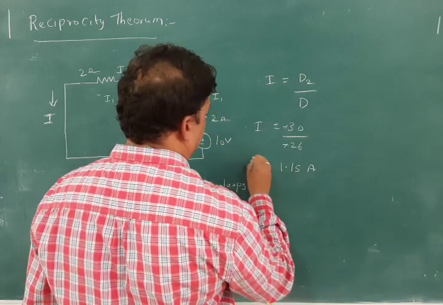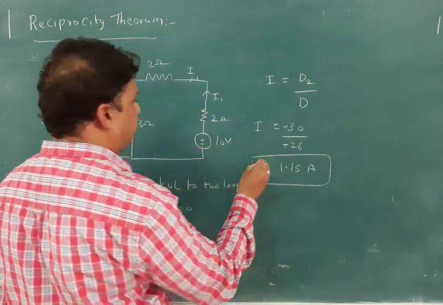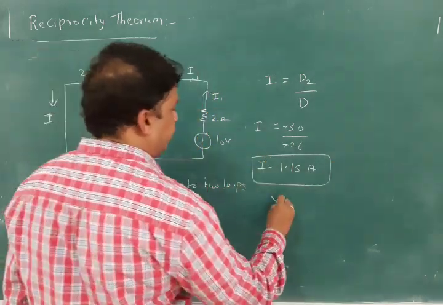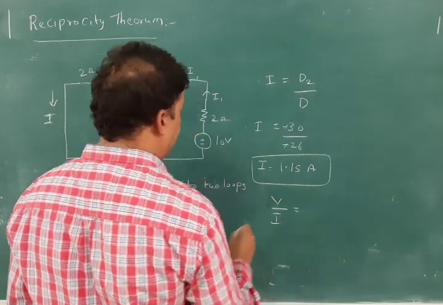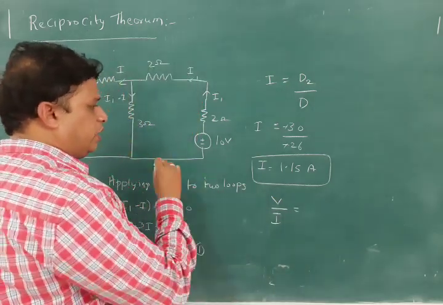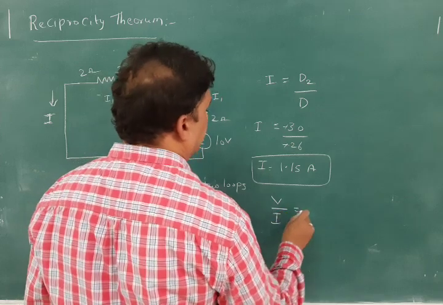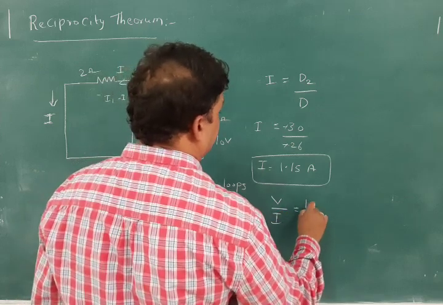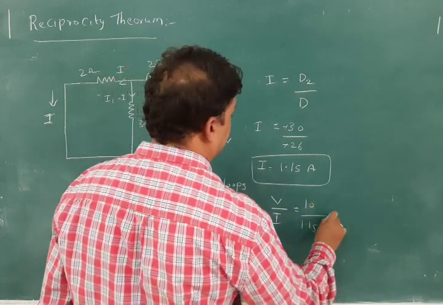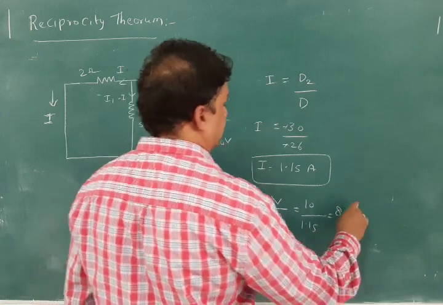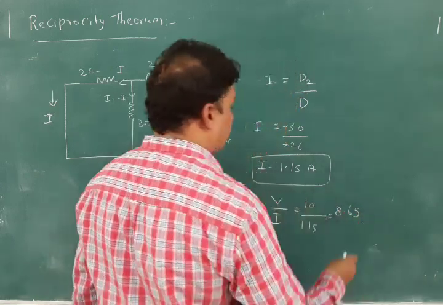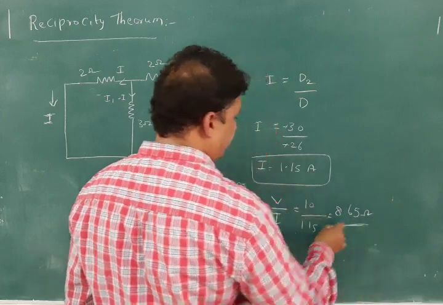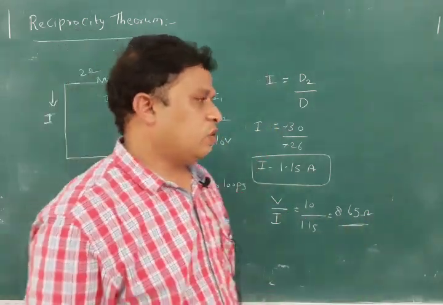If you apply the voltage, what is V by I? V by I is nothing but your voltage 10 by 1.15, which is equal to 8.65 ohms. So the same value we have got, 8.65 ohms.